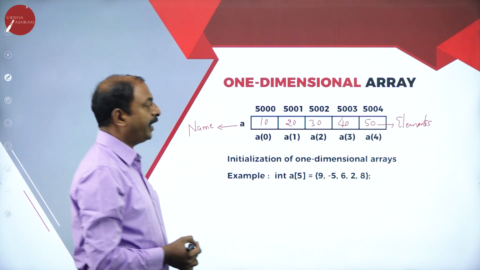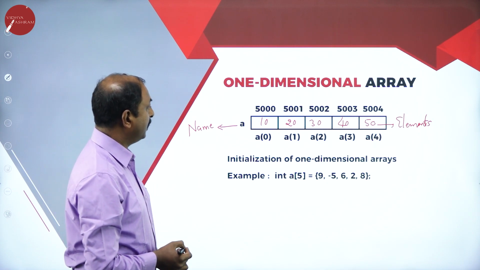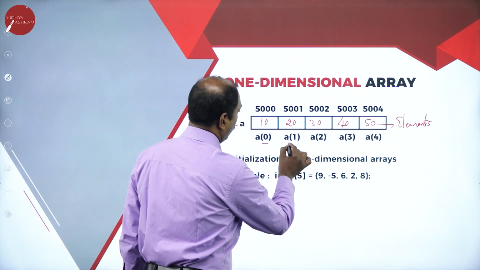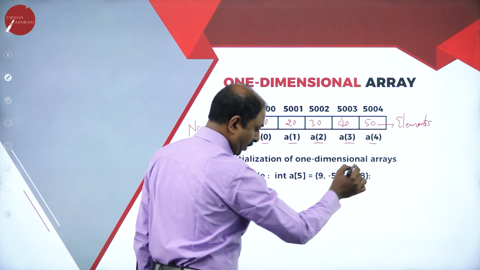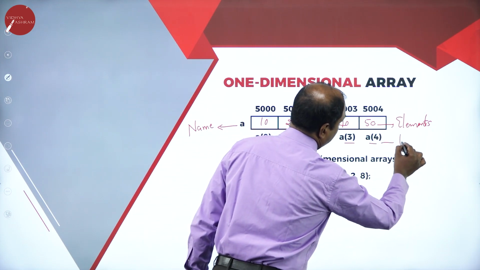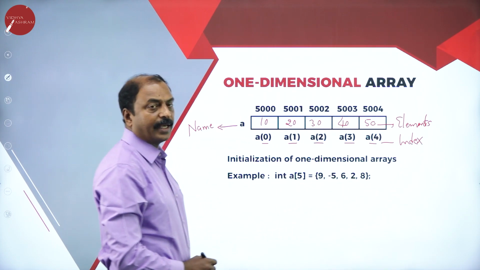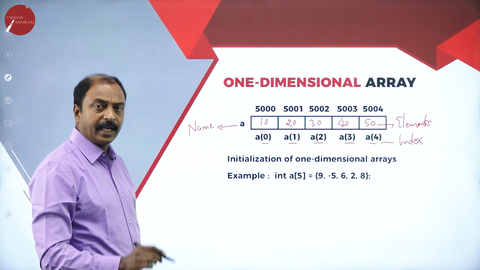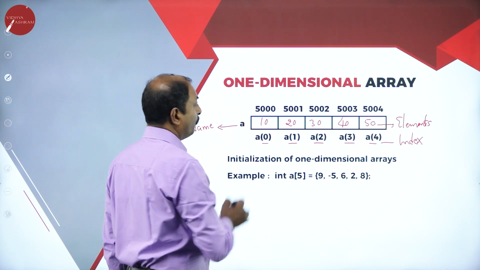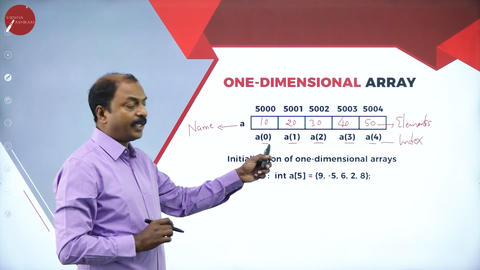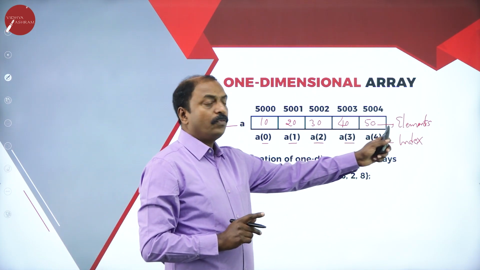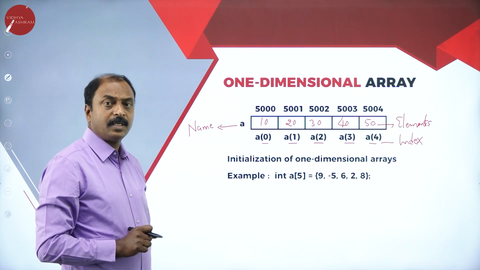And here, these 0, 1, 2, 3, 4 are called the index of an array. And here, array index always starts with 0. 0 is the first index of an array. So this is how we represent an array in computer memory.